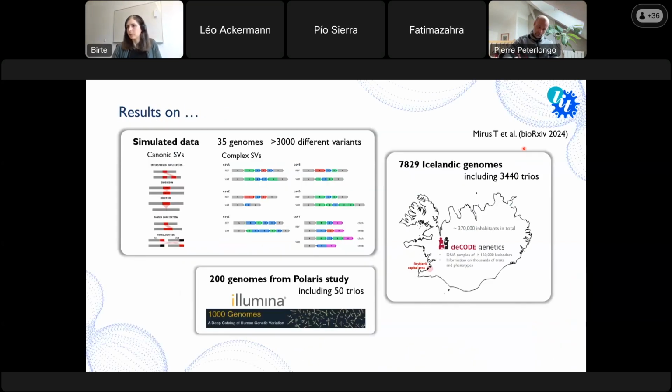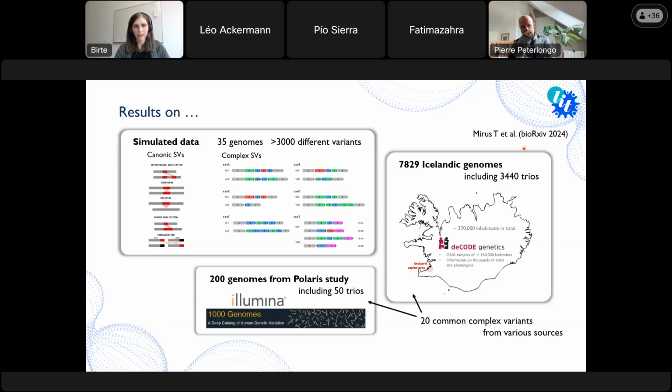Yeah, so before I talk a little bit about graphs, at the end I'm going to quickly show you some results. We use simulated data, 200 genomes from the Polaris cohort, which is essentially 150 genomes from the 1000 Genomes Project, including 50 trios, so 150 genomes from 1000 Genomes plus 50 children of parent pairs in this cohort, and then some Icelandic genomes, including 3,440 trios for evaluation.